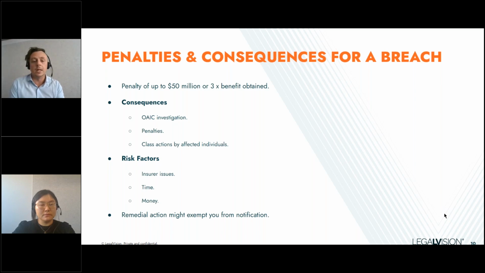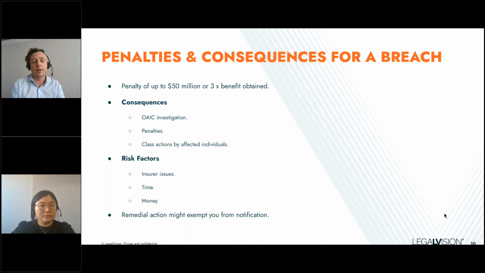For example, Medibank is the subject of a massive class action by the individuals whose data has been leaked. Other risk factors can include issues with your insurer and the time and money spent in dealing with the breach, including an OAIC investigation.